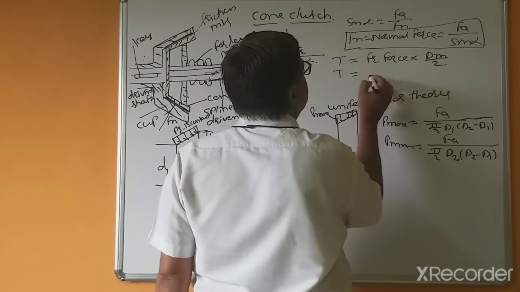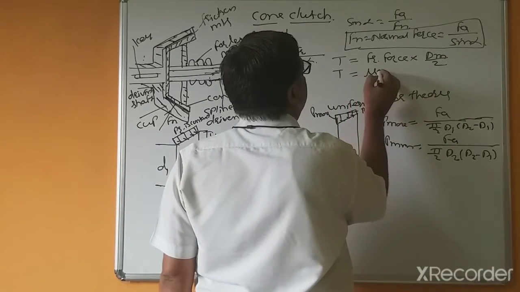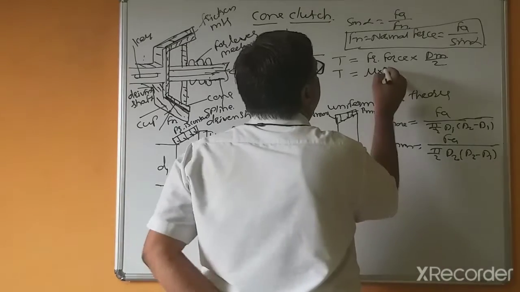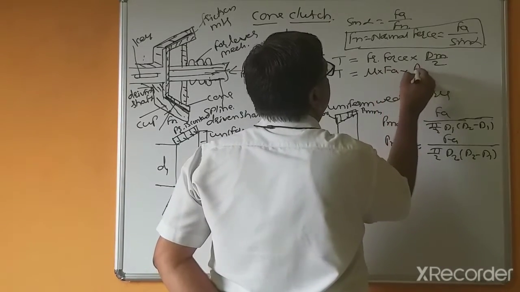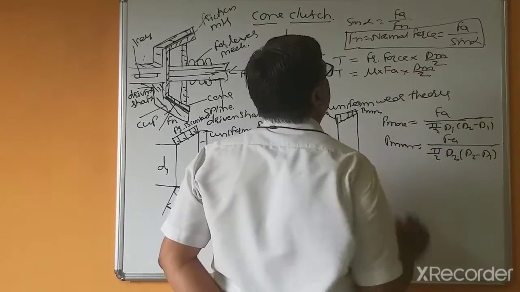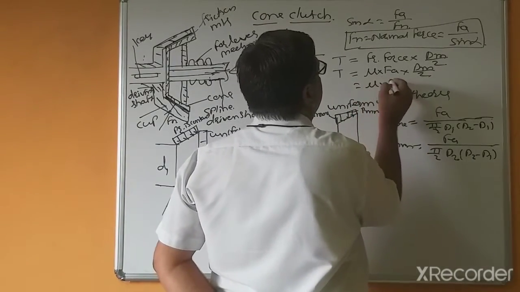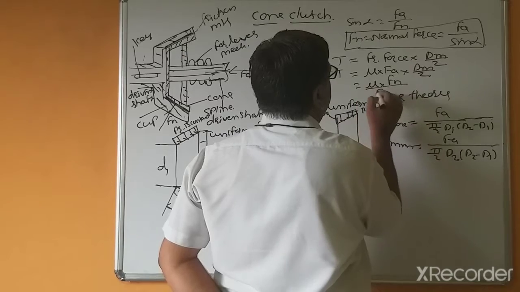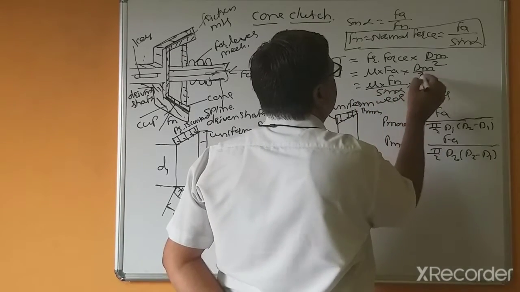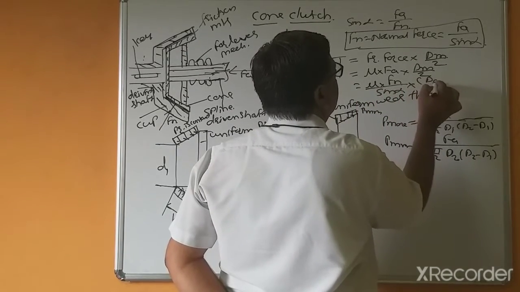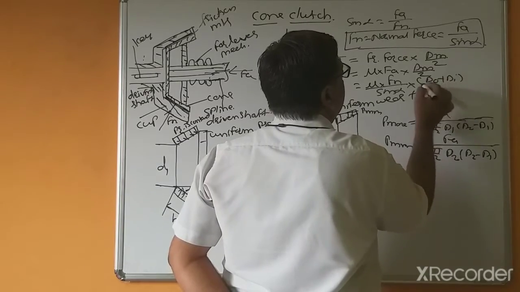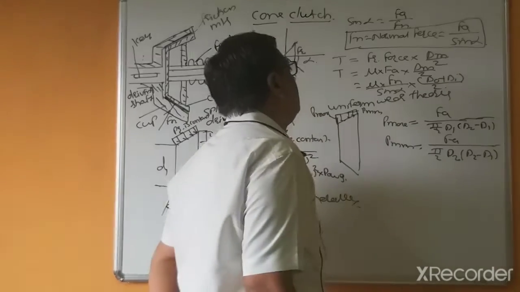So the frictional force is mu into Fn, and torque equals mu into Fn into dm divided by 2, where Fn equals Fa divided by sine alpha, and dm is the mean diameter, the average of outer and inner diameter, divided by 2.